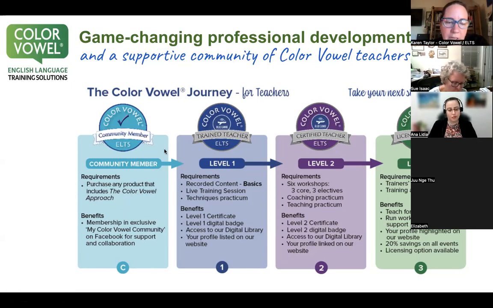From there, though, what I'd like to focus on today is level 1. If you're here, it's because you're interested, and I want you to know what we do. We provide a course called Color Vowel Basics, which I'll show you in just a moment. The basics is the recorded content of the course that is level 1. To finish out that level 1 certificate, there's a second course where you receive the live training practicum with a coach.